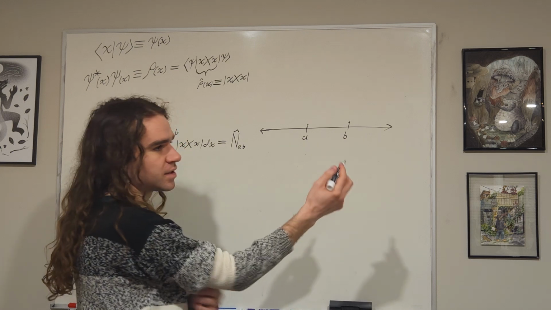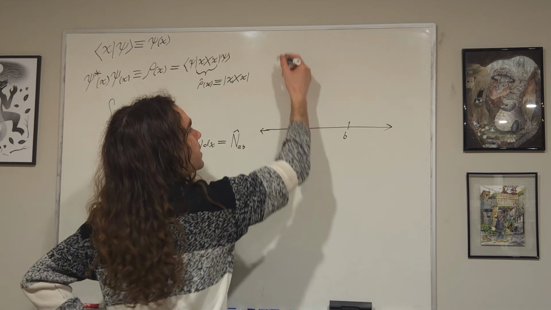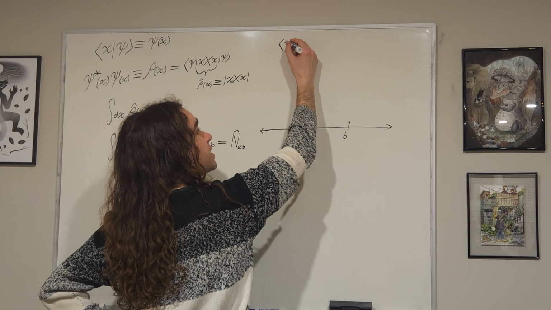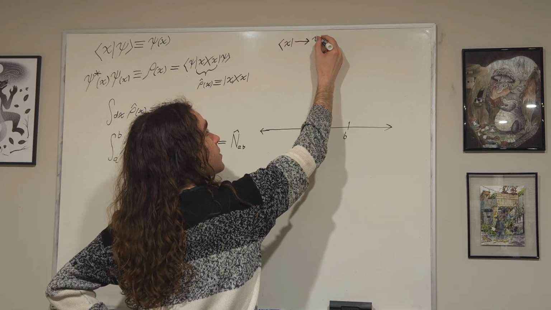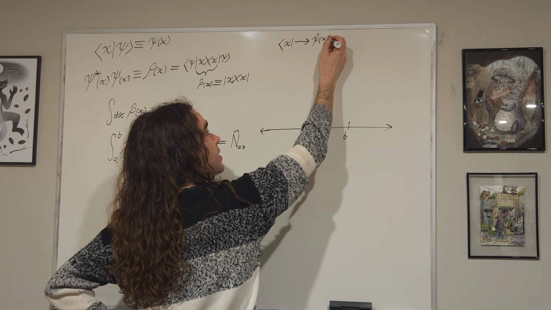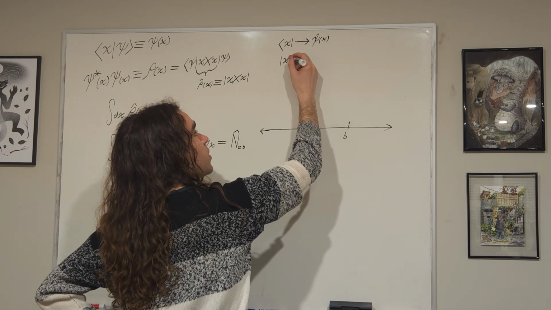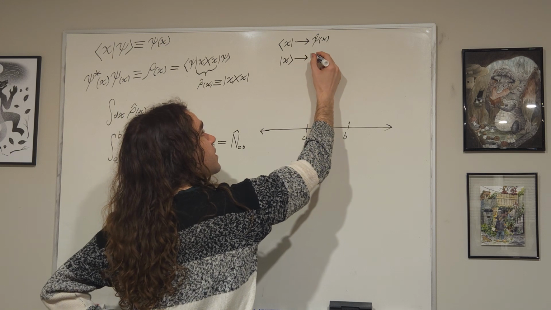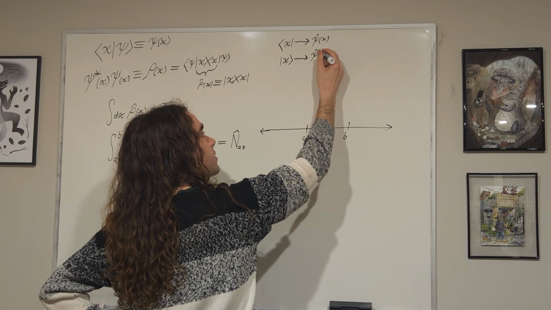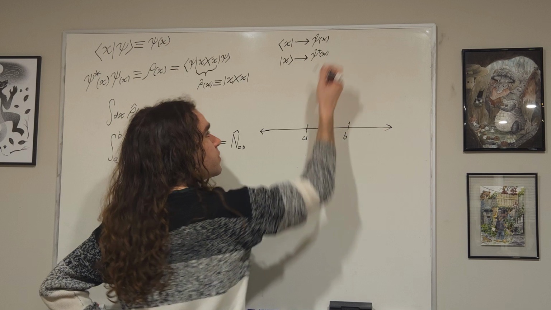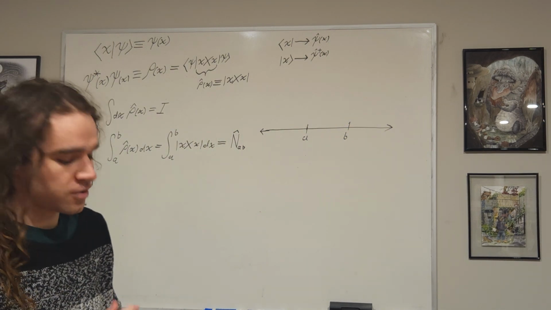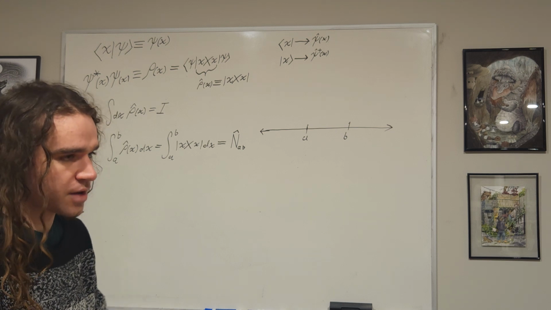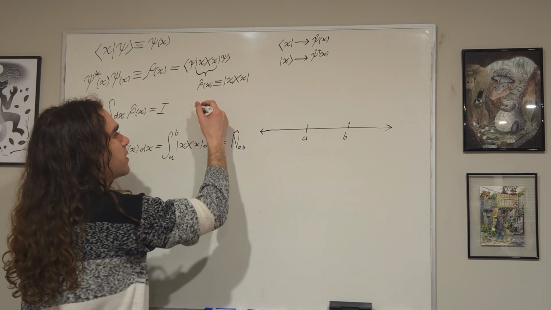As in most cases, this is not a complete hard and fast rule, but just as a bit of advice, you'll find that if you replace x bra with field annihilator and x ket with field creator, when going from first to second quantization, a lot of stuff falls in place automatically. It's not really rigorous, but that holds up in a lot of cases, and this is one of them, right?